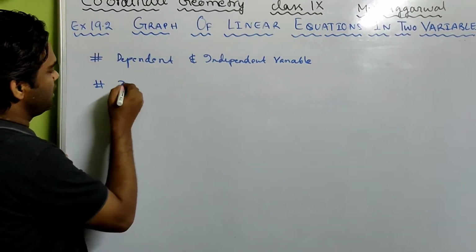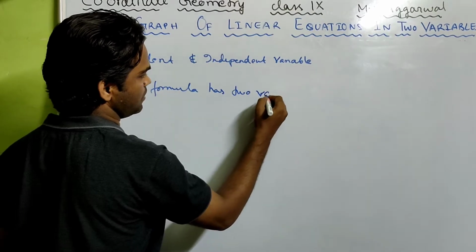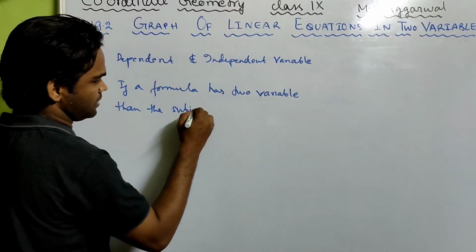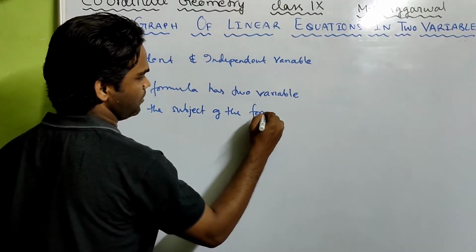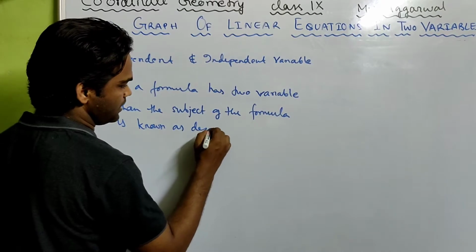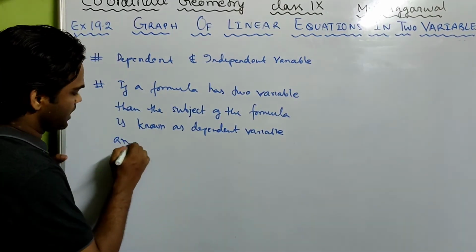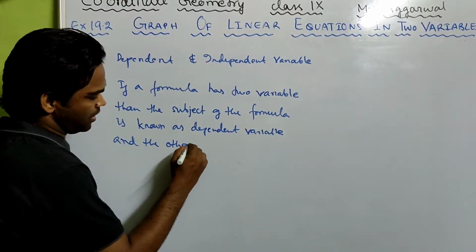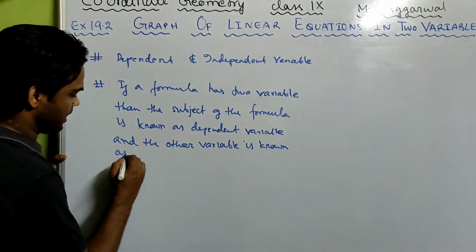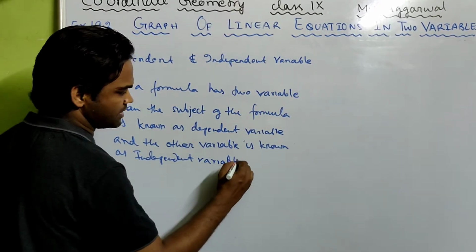Now, if a formula has two variables, then the subject of the formula is known as the dependent variable, and the other variable is known as the independent variable. Just look at this example.